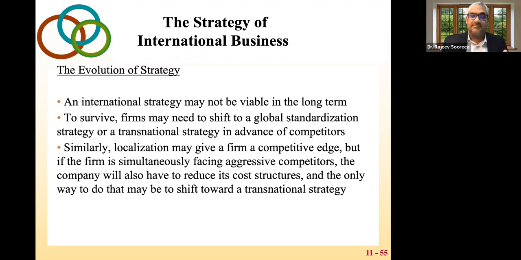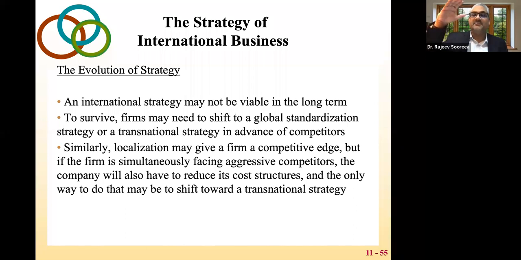And also what is important is there is strategy evolution over time. Some strategies may not work in the long term. For example, an international strategy that is exporting may not be viable in the long term, because in the long term competition emerges, right? You have a lot of competitors that come onto the scene. Therefore, it builds pressure for you, and your cost reduction pressures go up.